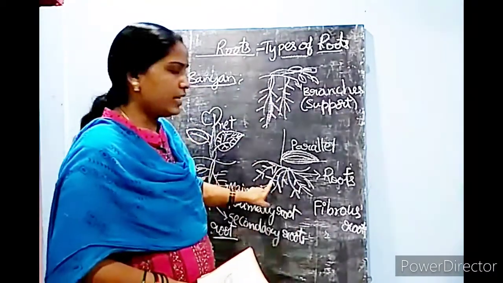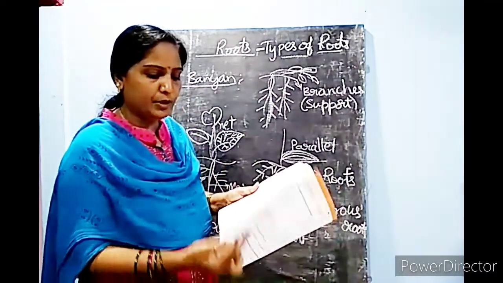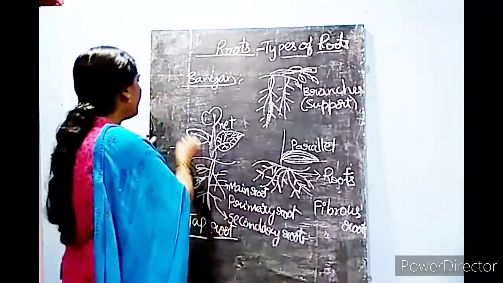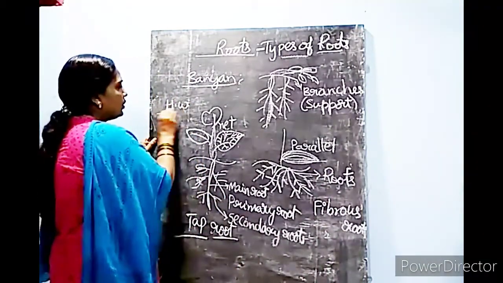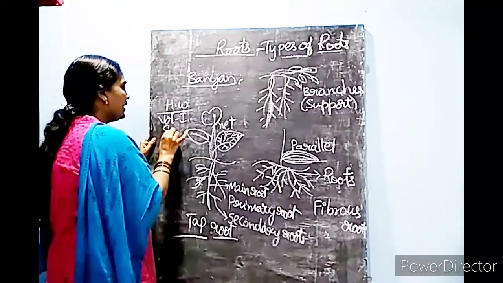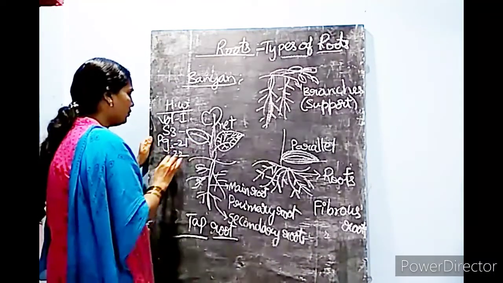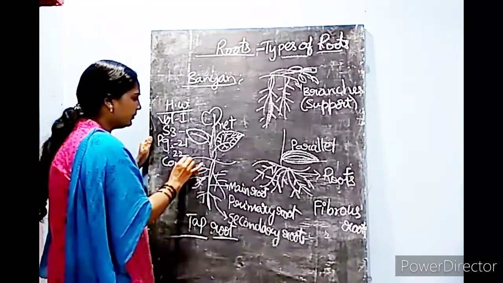So you can understand by seeing these pictures and complete page numbers 21 and 22 in your volume book, children. So your homework is in volume 1, S3, pages 21 and 22 to complete, children.